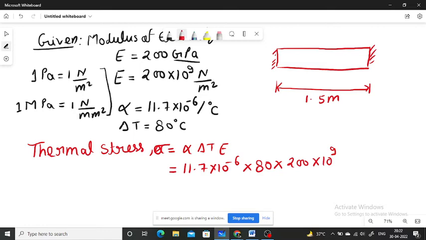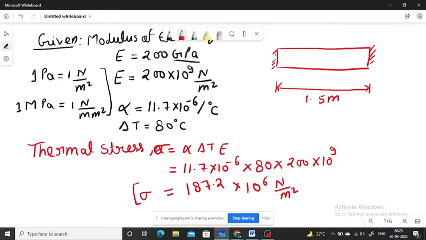So here the total thermal stress induced in the rod will be 11.7 into 80 into 200, which is 187.2 into 10 to the power 6 Newton per meter square.